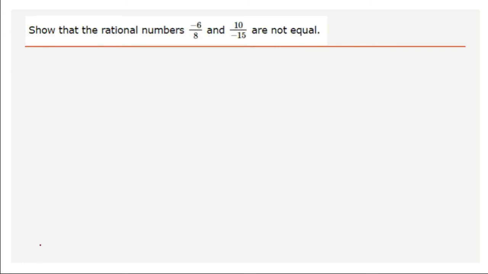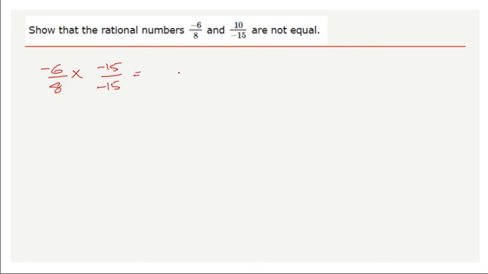Show that the rational numbers minus 6 by 8 and minus 10 by 15 are not equal. Now I'd like to express both these denominators as the same. For doing that, let me multiply the first number with minus 15 and divide by minus 15.